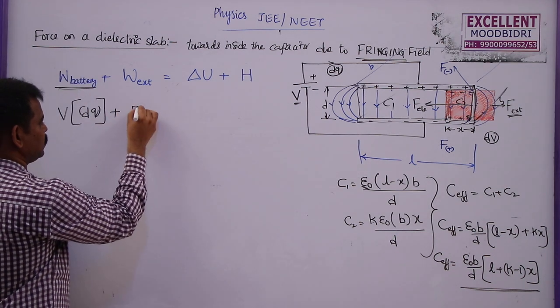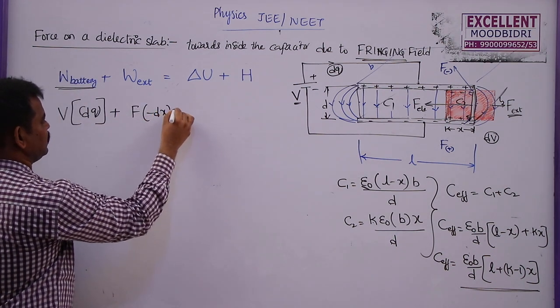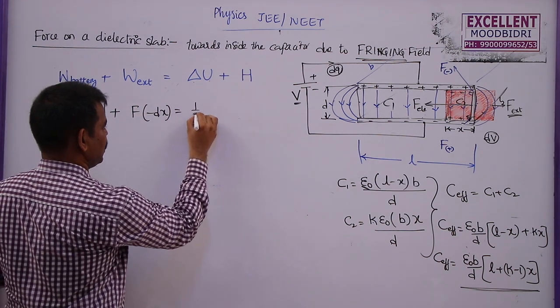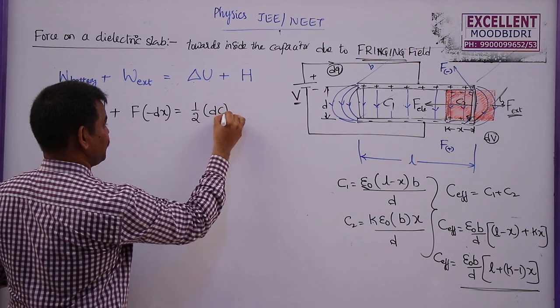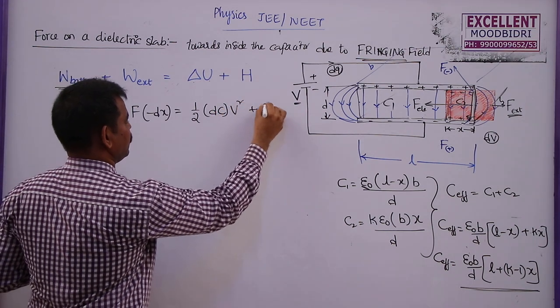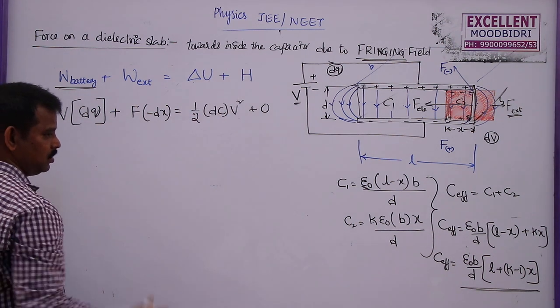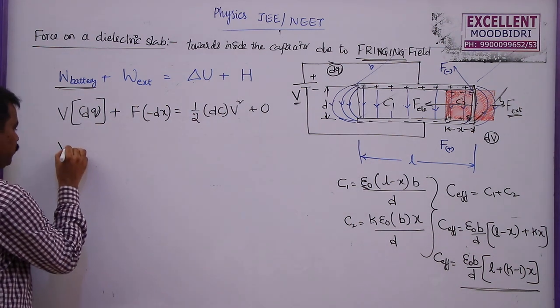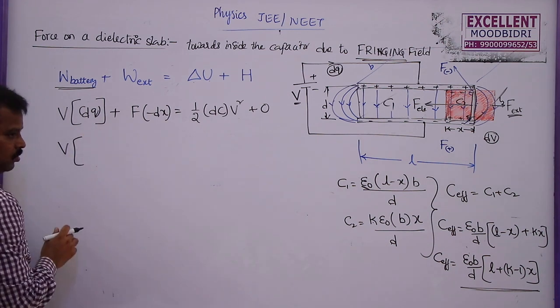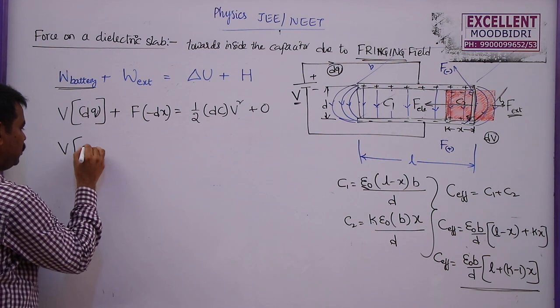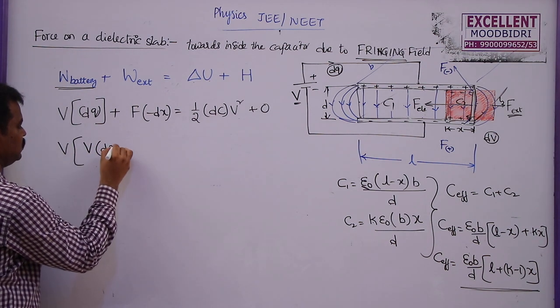So both are opposite: F into minus dx. What is the change in energy? That is half into change in capacitance into V square, plus H is equal to 0. Heat produced is 0 here as the potential remains constant. Now you can write V into dQ, since C is equal to Q by V, or dQ is equal to V into dC.